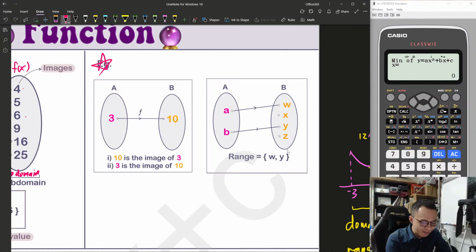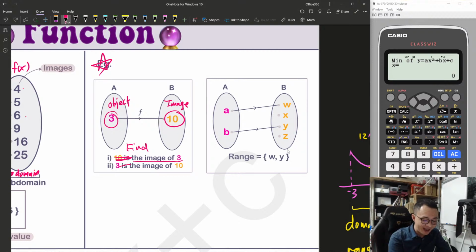Sometimes they will ask you to find the image of 3. Find the image of 3 basically means 3 is the object, right? Like what I said, the image of 3 will be 10.